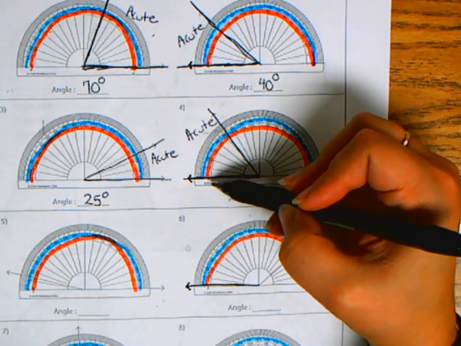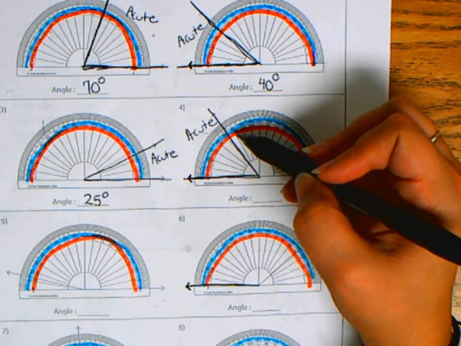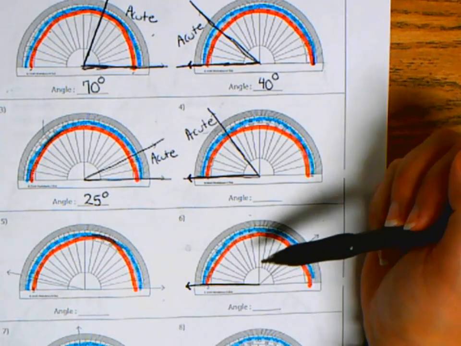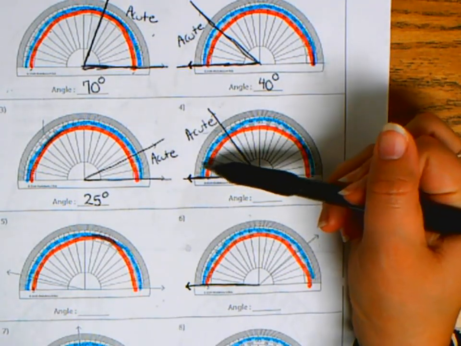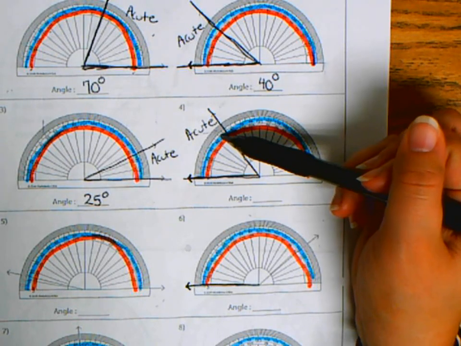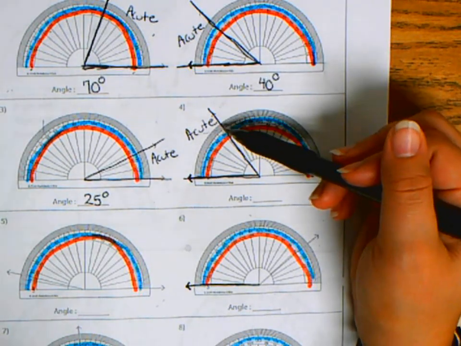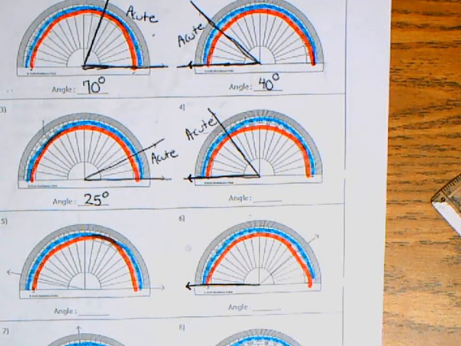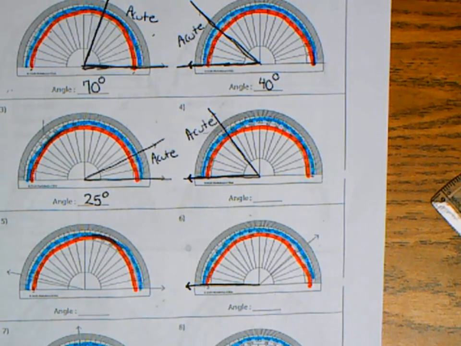I'm going to be using the blue line because I know it's opening to the left. So that's 10, 20, 30, 40, 50. And that's at 51, 52 degrees. So that's at 52 degrees.